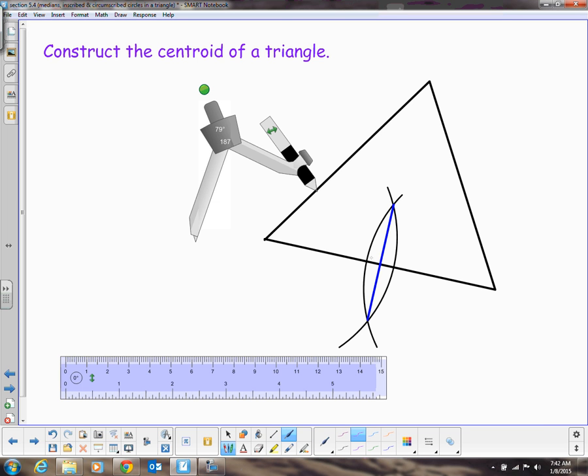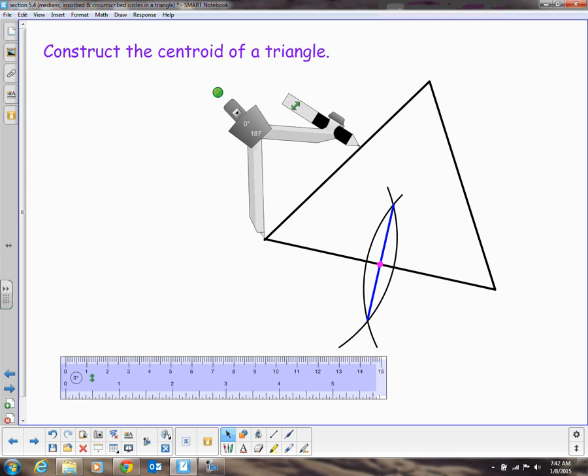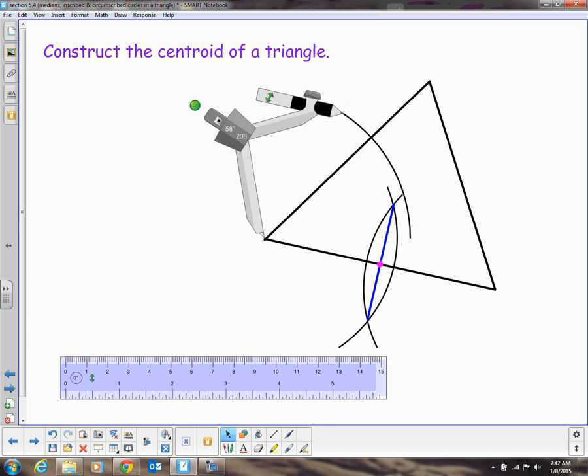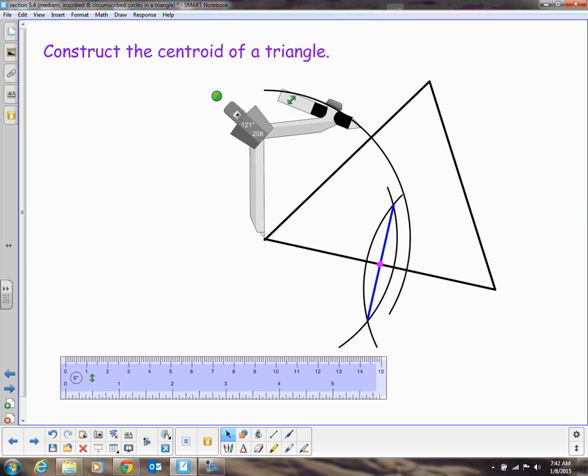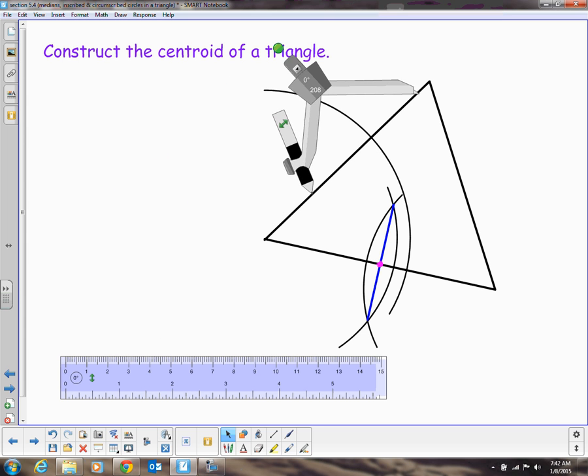I need the what? Midpoint. So now, how do I construct? Let me do another one. Let's get another midpoint before we get this diagram confusing. All right. So is this over half? Second period, I didn't do it over half the other day. All right, so now we're going to flip it and hope that I'll be able to do that.